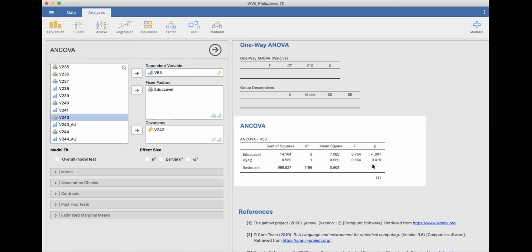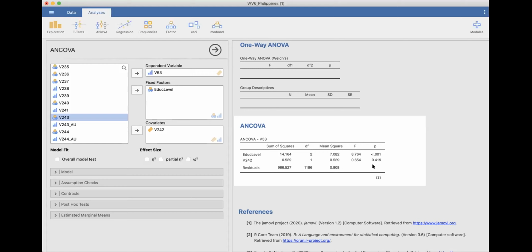So today we talked about how to write good research questions. And then we talked about when you would use a t-test, which is when you have two groups, versus ANOVA, which you use when you have three or more groups. Both t-test and ANOVA require continuous dependent variables, unlike the chi-squared.